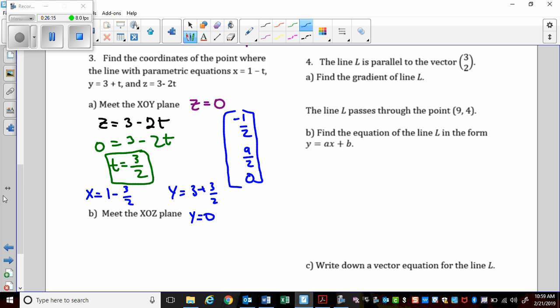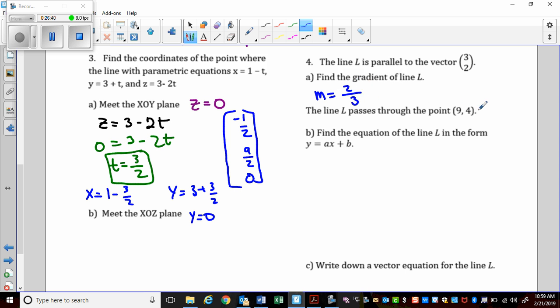Let's look at number 4. It says the line L is parallel to the vector 3, 2. Okay, this is our direction. Find the gradient. The gradient, or the slope, remember, is the y's over the x's. So my y value is 2 over the x's, which is 3.